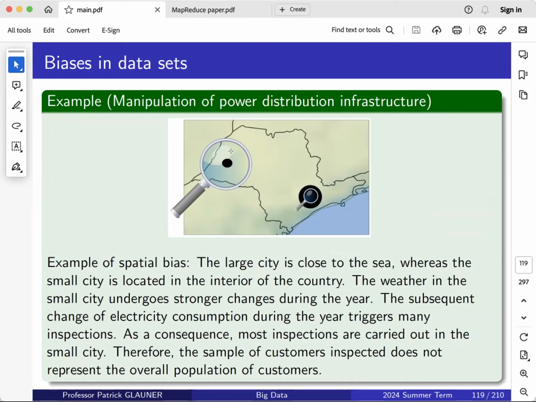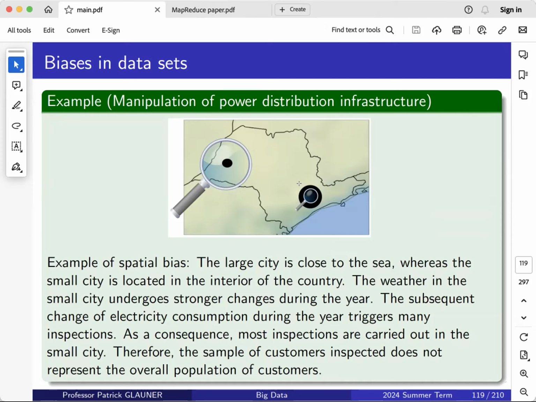But I carry out most inspections in actually the underrepresented city. And like this, I'm already collecting a bias. Now, the bias is much more complex because I not just have 2 cities, I have a lot of cities, and the bias can address more issues.